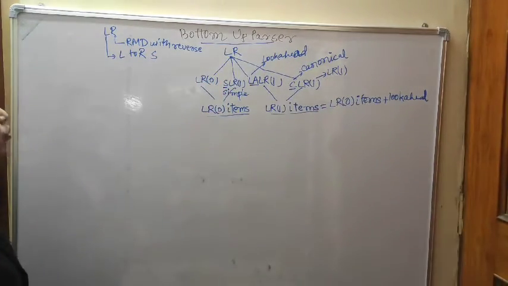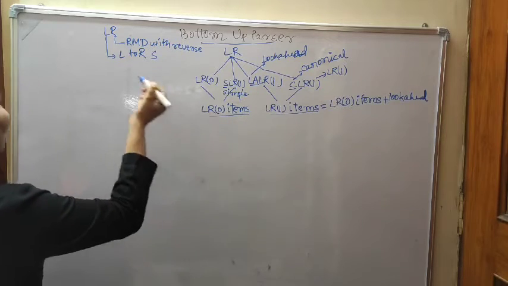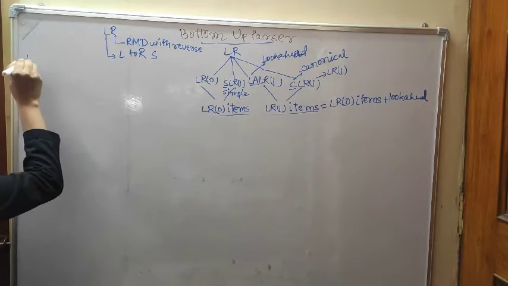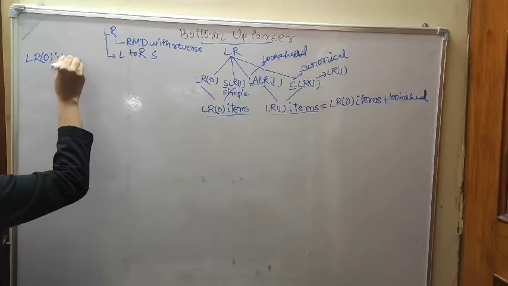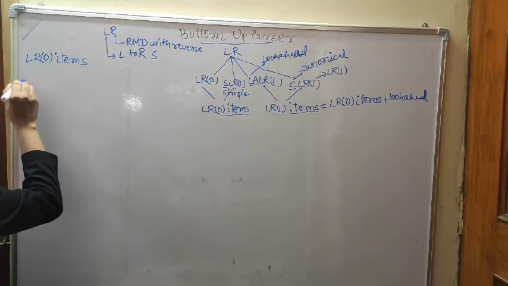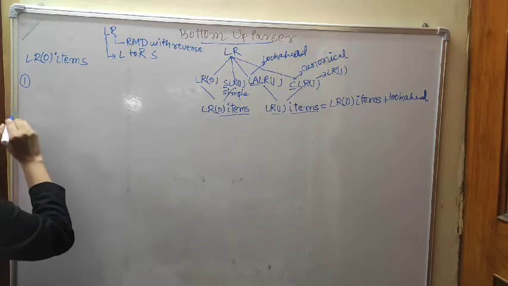Now we will see an example for LR0 items. One example I am taking.